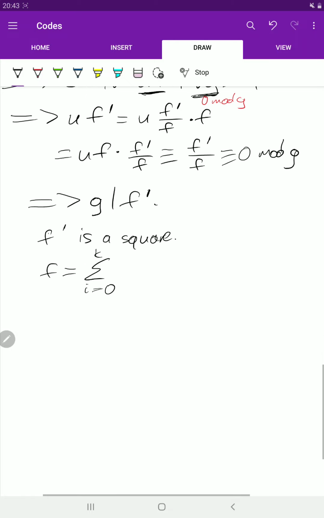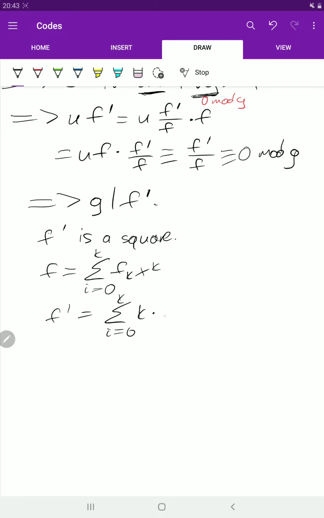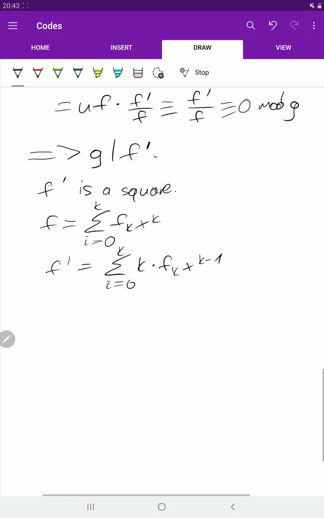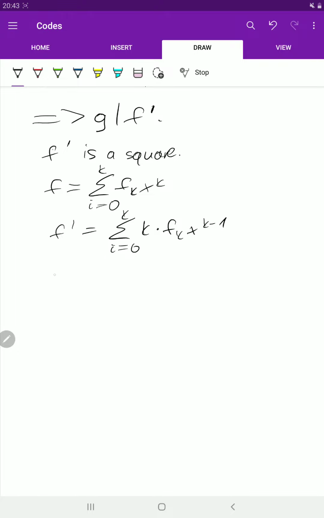I hope so. So we have fk x to the k, then we get that f prime is the sum from 0 to k of k times fk x to the k minus 1. And now we get that this is just the sum. Oops, that's completely wrong. Sorry.